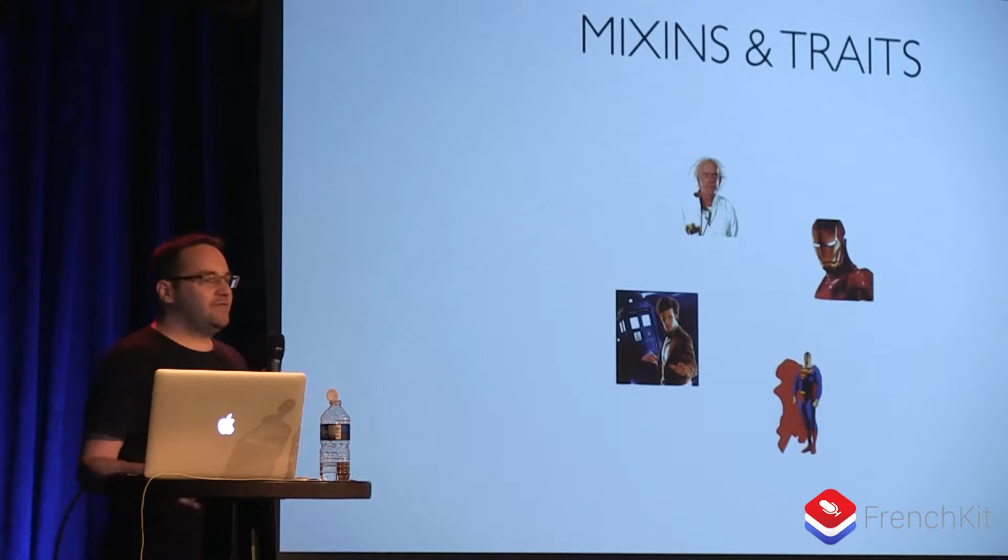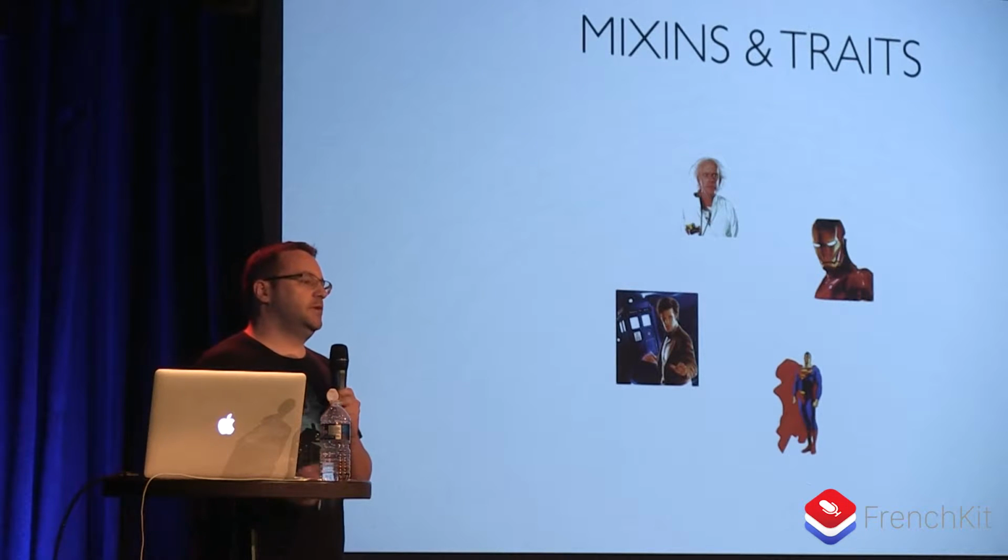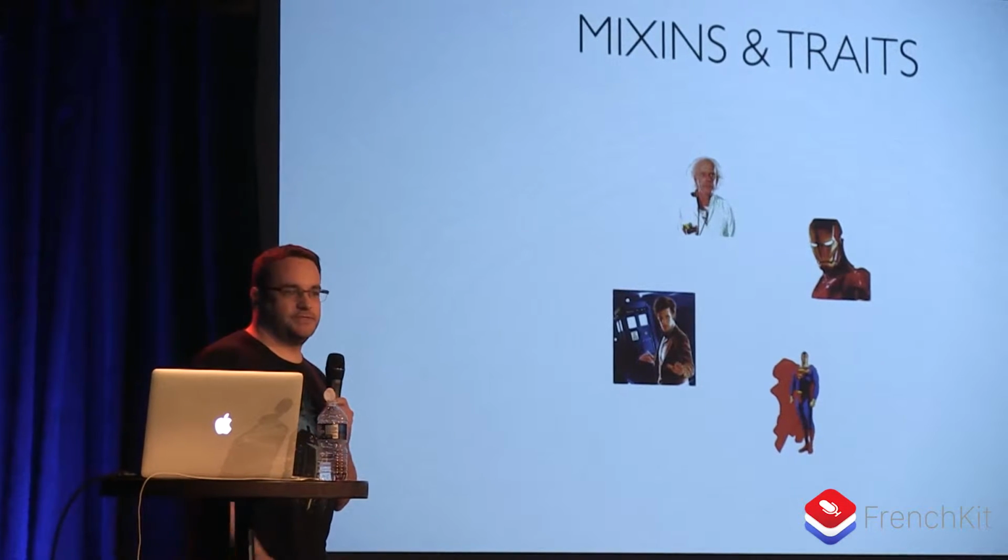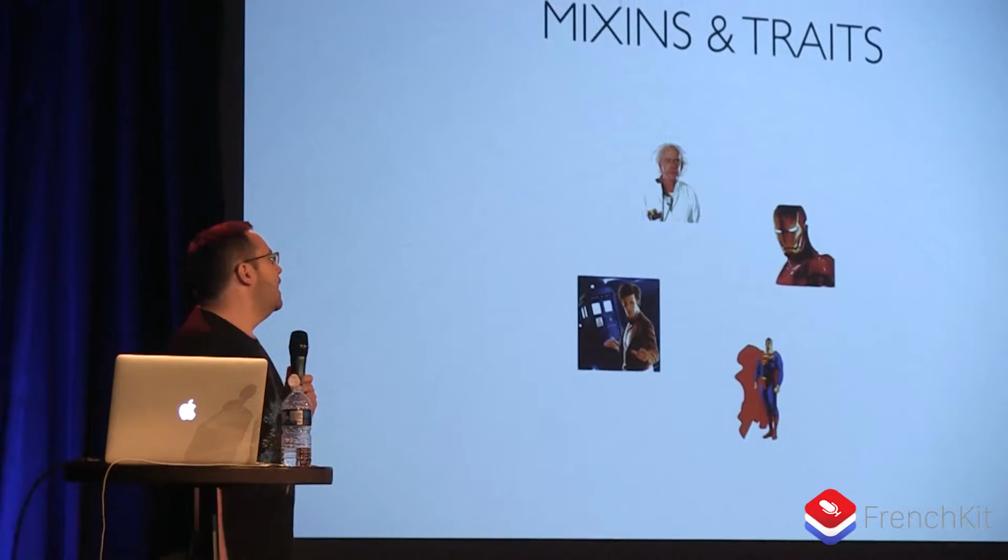But I know my talk is right before lunch, and I don't want you to be too hungry, so I will stop talking about burgers, and I'll take some more interesting examples, like sci-fi characters, because everybody loves sci-fi, right? So let's say you have an application that will need to represent sci-fi characters, like those four.